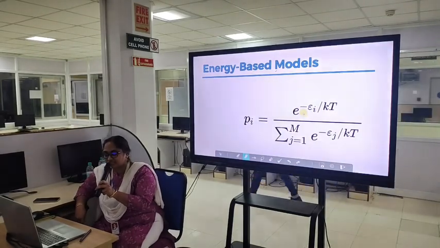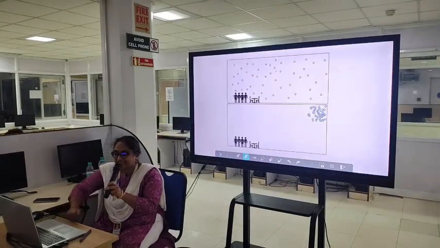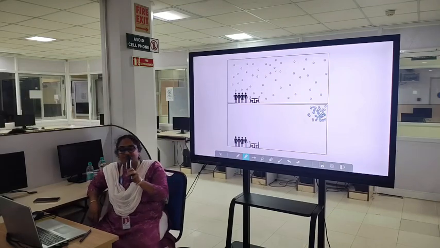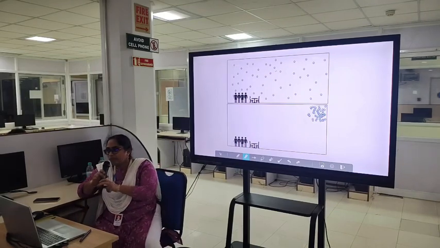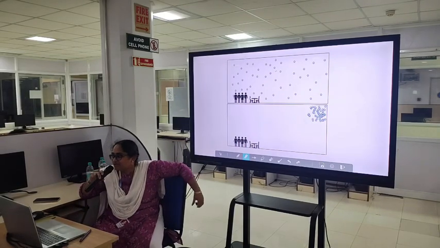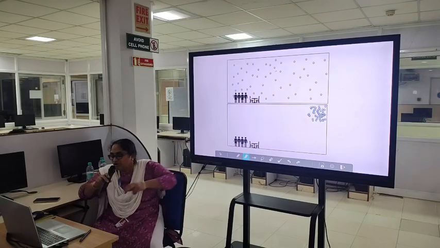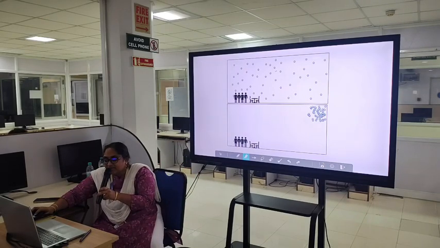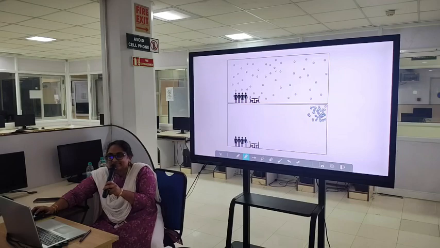To understand energy-based models, there is an example. Suppose there is a room, just like our room, and all of these small dots here are molecules. What is the probability that the molecules are freely spread out compared to the probability that all the molecules are packed in one place?